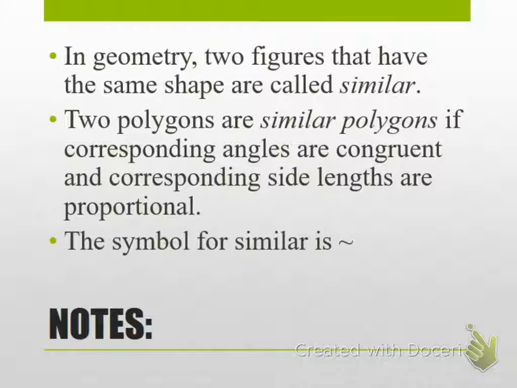The symbol for similar is that little squiggly line. I think in Spanish class we called it a tilde. If you have 2 of them, like a squiggly equals sign, that's approximately. So if you just have 1, that means similar.